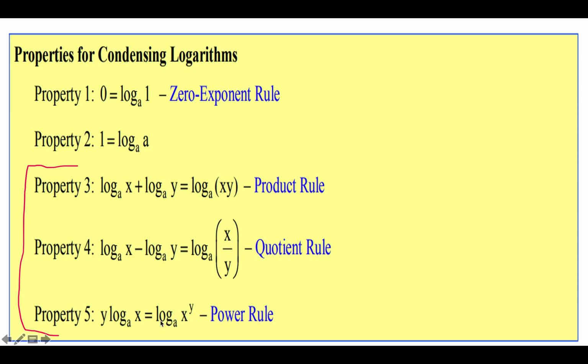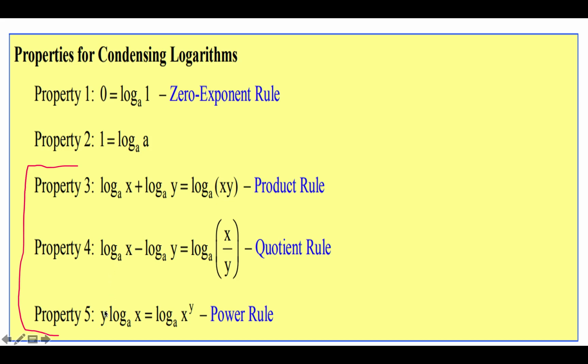And then lastly, property 5. That's our power rule. What you're going to see here is a number, or y, in front, and then log base a of x. Now we want to simplify it. You could argue and say, technically it's already simplified because there's no plus or minus in here.